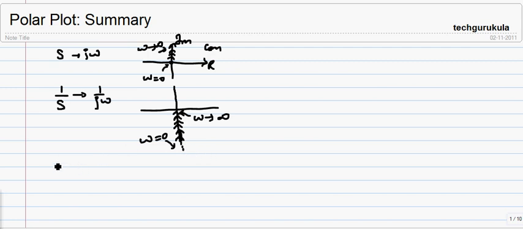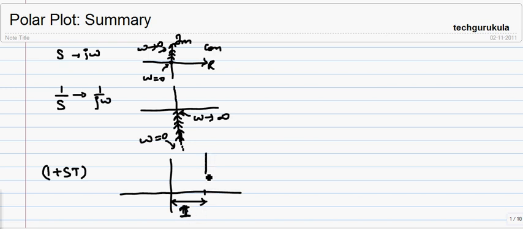And if you look at simple 0, which is 1 plus st form, if you look at the polar plot for this, magnitude will be 1 in this case. And the plot looks like this.